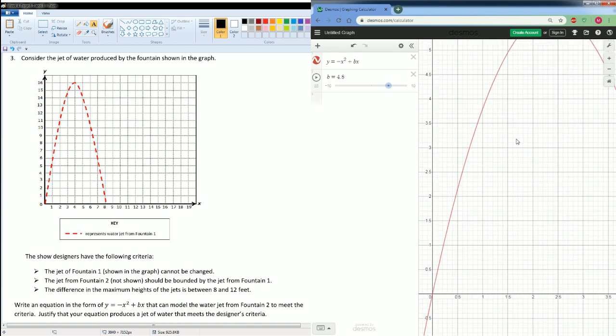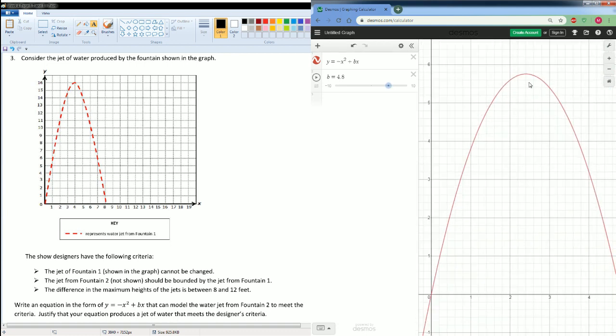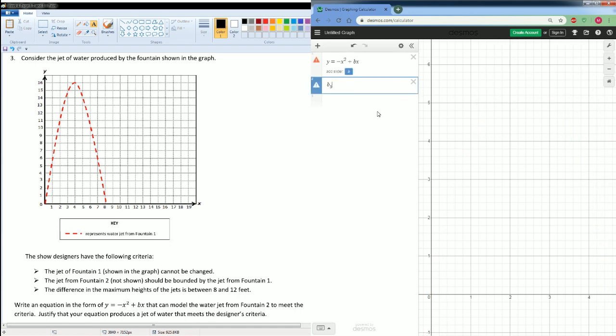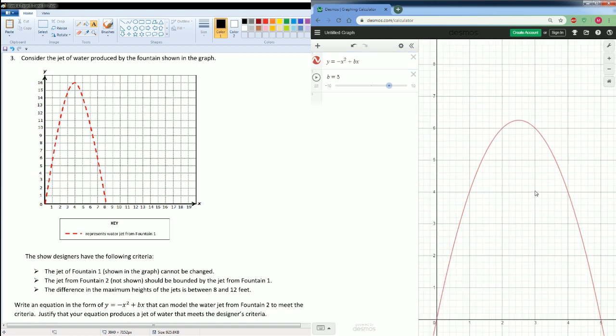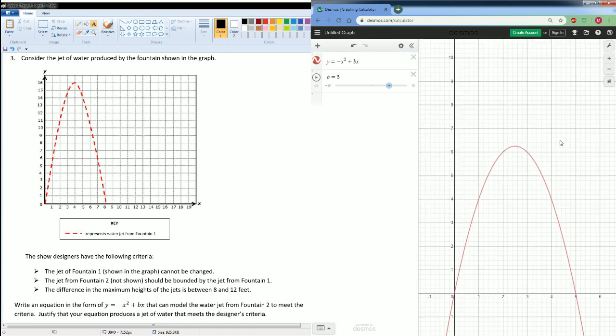Anything yet? Nope. So let's increase it a little bit more, up to, let's say, 5. Anything? Nope. Okay, let's increase it to, let's say, 8. Let's see what happens.